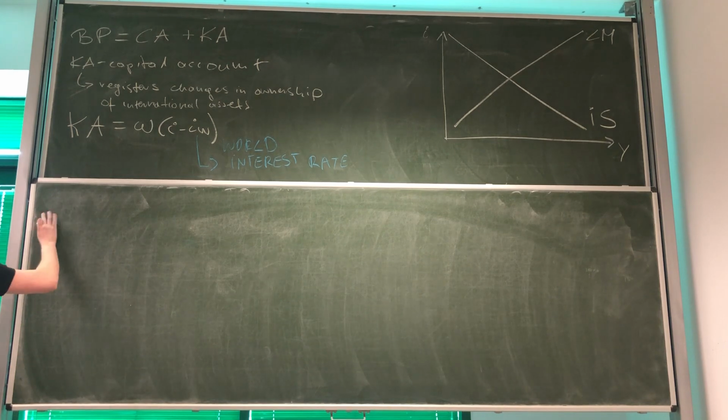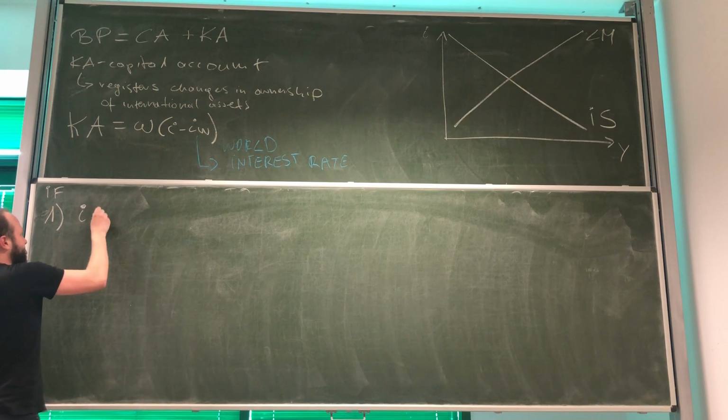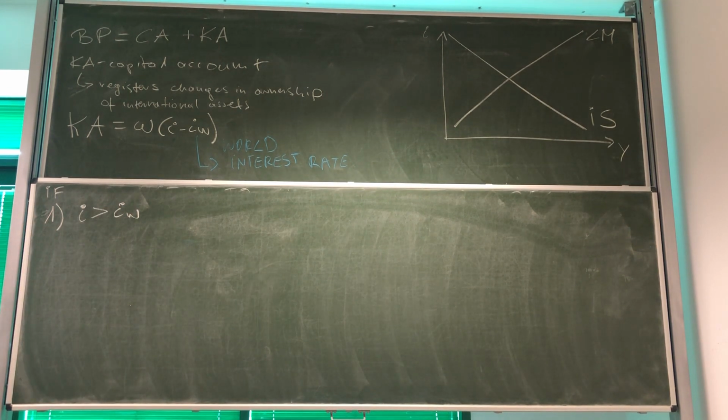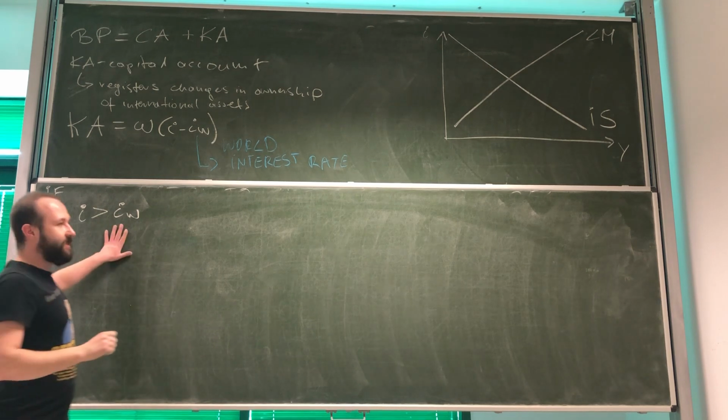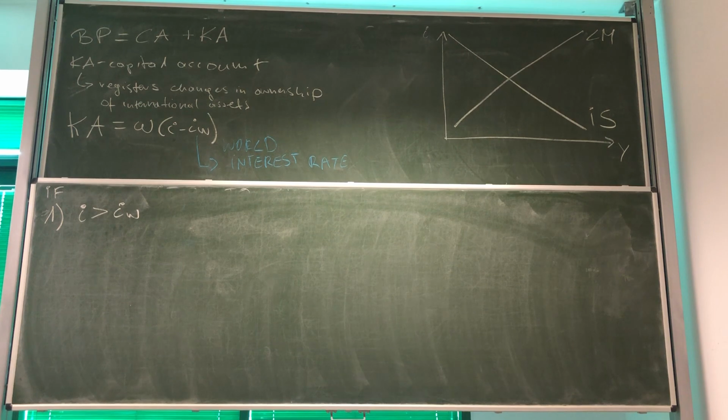Okay, so case number one: what if the domestic interest rate is bigger than the world interest rate? Look, this implies that, which assets are more attractive, domestic or foreign?